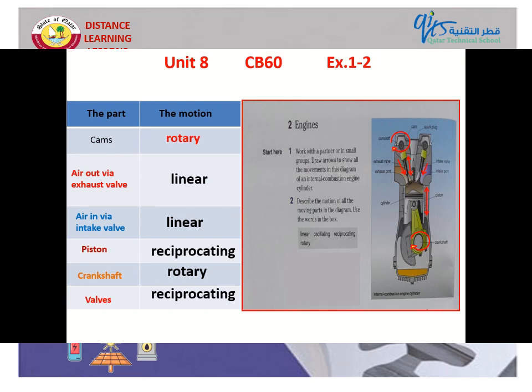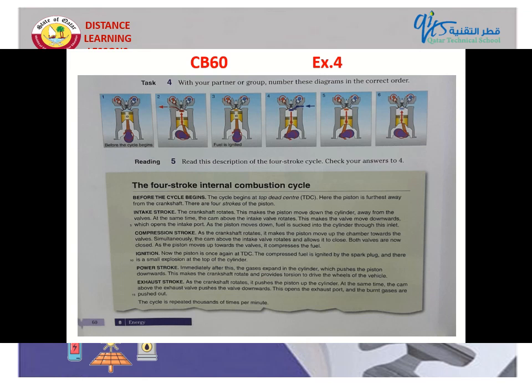Now, next, we will number these diagrams in the correct order after reading the description of the four-stroke cycle. A four-stroke cycle engine is an internal combustion engine in which the piston completes four separate strokes while turning the crankshaft.